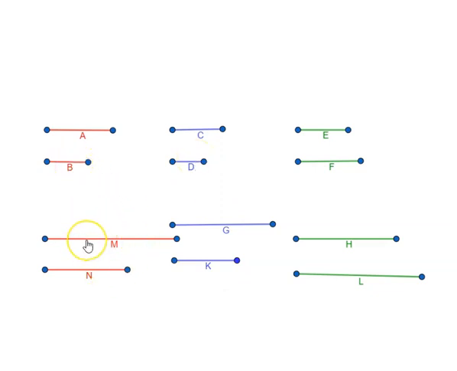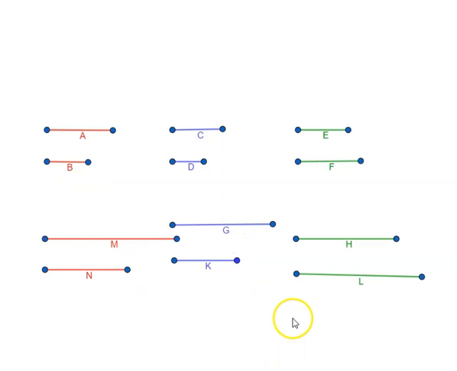We are not directly taking M as a multiple of A and N as a multiple of B. We are using the ratios between C and G and D and K to draw M and N with respect to A and B. So we are maintaining the ratio.